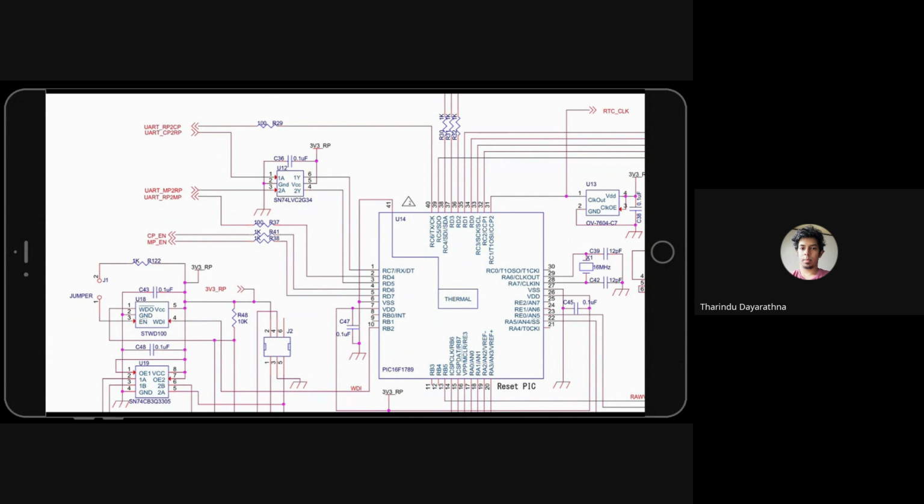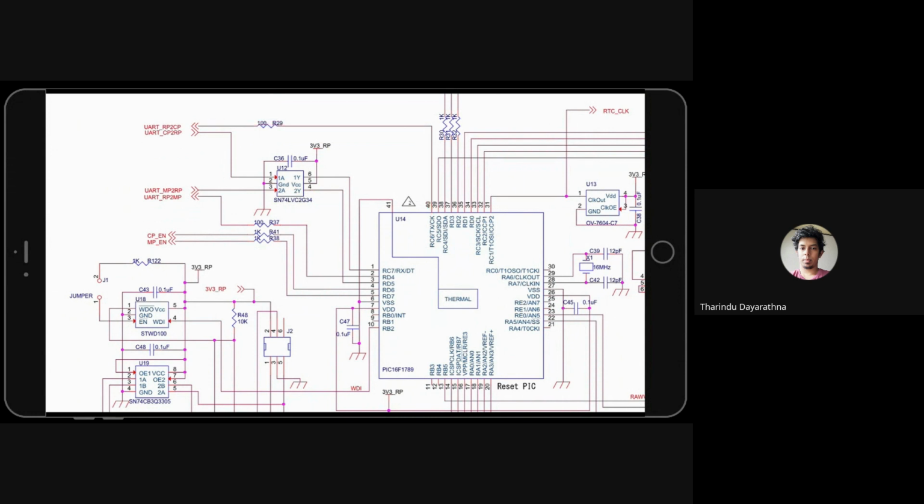It is powered using the reset peak power line, and the data line coming from main peak also goes to the same chip because this chip has two buffers inside. So we don't need to use two different ICs, so we can use the other buffer for the main peak line. Okay, so this is the data line that goes from reset peak to comp peak.